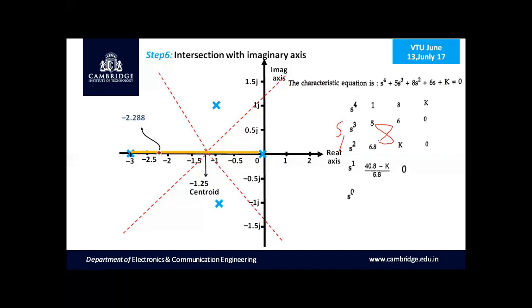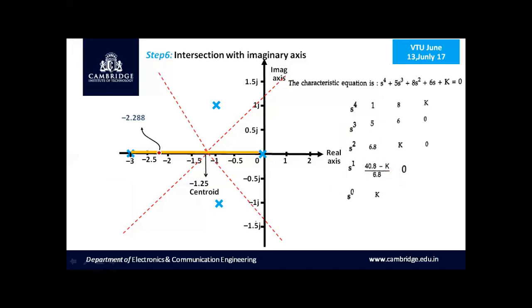And finally, to fill up the last row, that is the s to the power 0 row, we take the previous two rows as the reference and follow the pattern 40.8 minus k divided by 6.8 into k minus 6.8 into 0 divided by again the same element. This element in the numerator and denominator will get cancelled out. Therefore, we get k here.